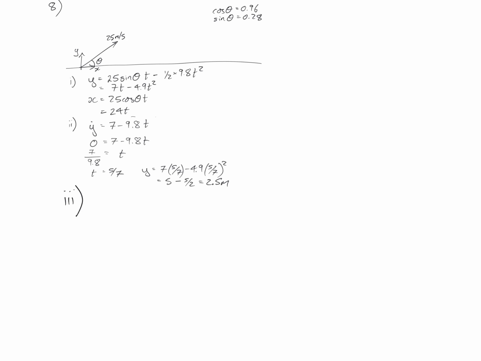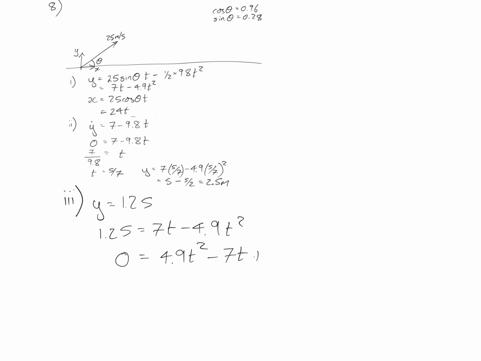Part 3. Calculate the times at which the ball is at half its maximum height. So when y equals 1.25. So 1.25 equals 7t minus 4.9t squared. So 0 equals, we'll take it all over the nicer side, which is making that positive.